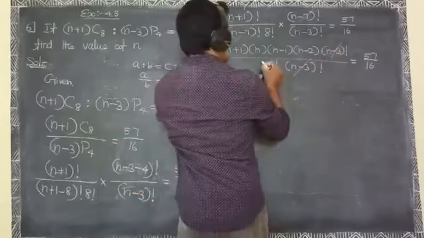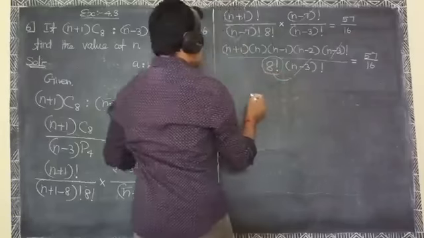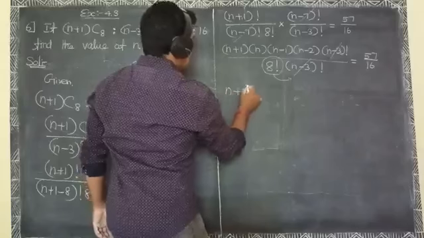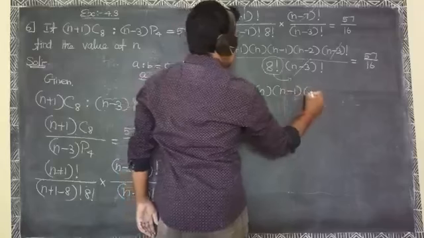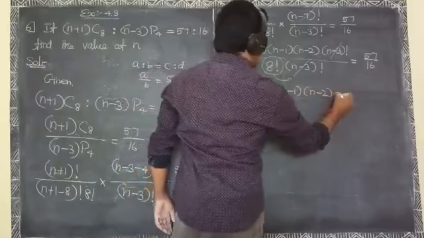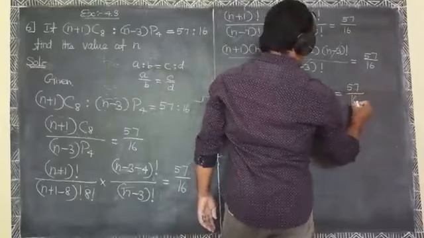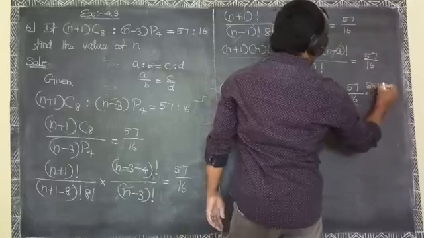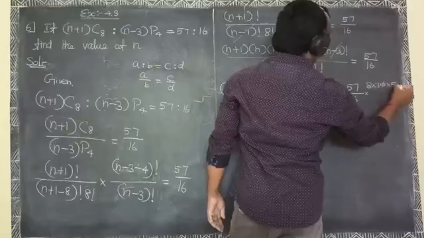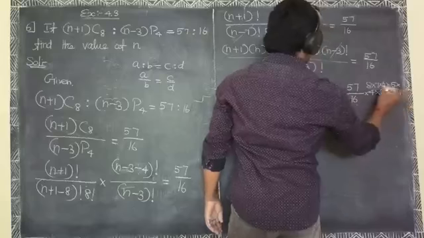Then 8 factorial goes to the right hand side: (n+1) into n into (n−1) into (n−2) is equal to 57 divided by 16 into 8 factorial, which is 8 into 7 into 6 into 5 into 4 into 3 into 2 into 1.